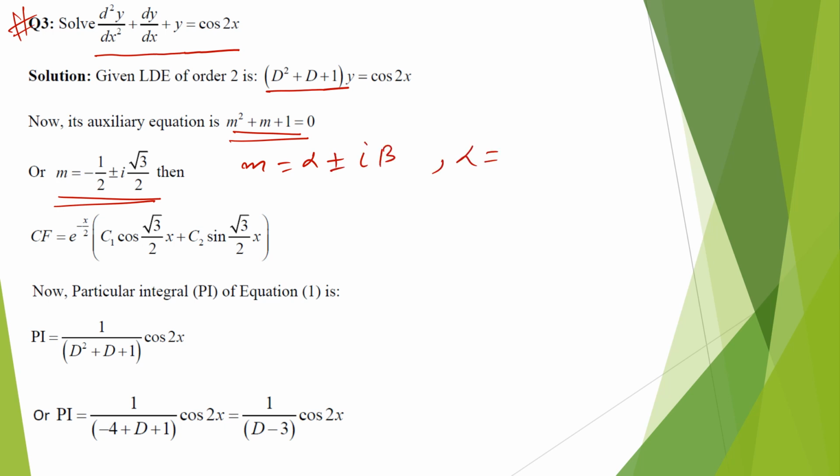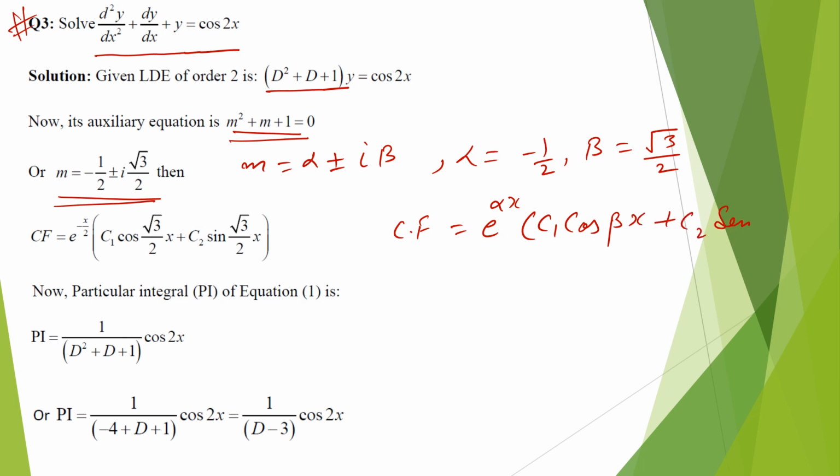So the value of alpha is minus 1 by 2 and the value of beta is root 3 by 2. Now the rule of CF for complex roots is e to the power alpha x, c1 cos beta x plus c2 sin beta x. Now substituting the values of alpha and beta, we get the CF.